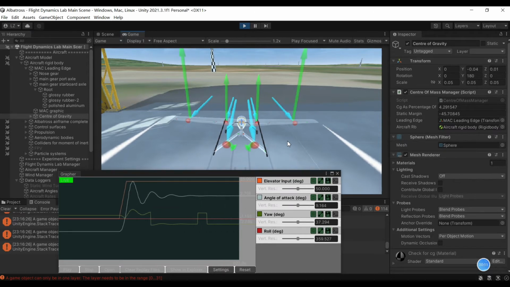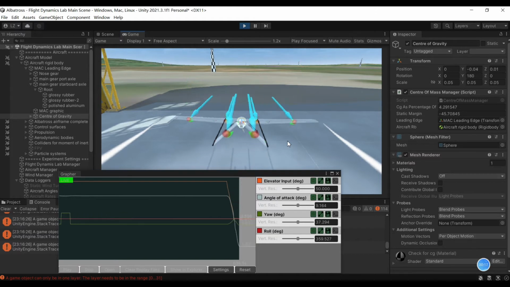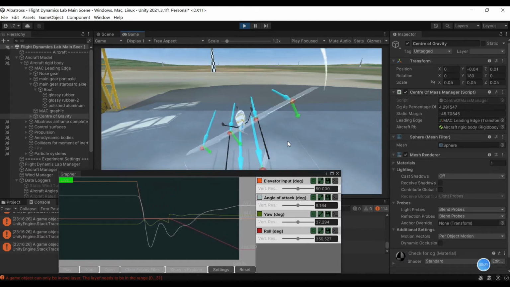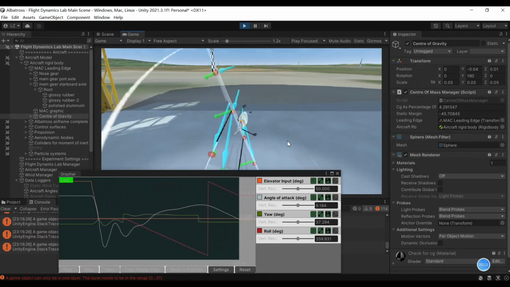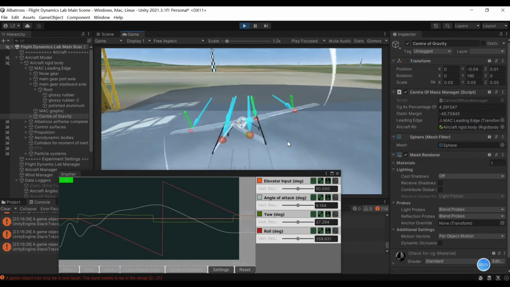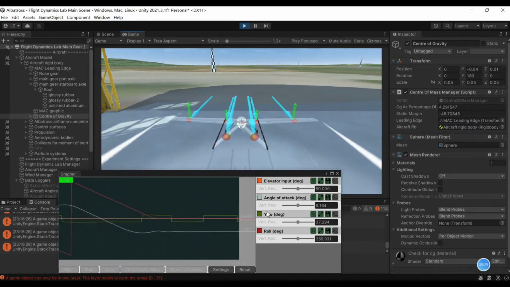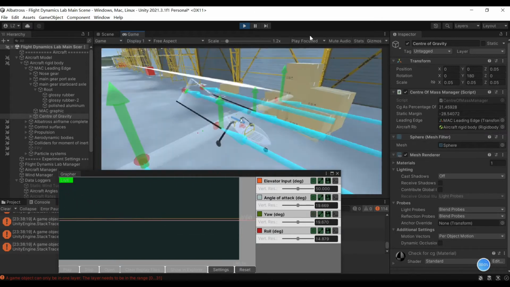It also affects the yaw a little bit. And if we roll the aircraft, it's worth noticing that as the wind speed increases, it responds faster and becomes more sensitive. And the roll angle is shown here in degrees.